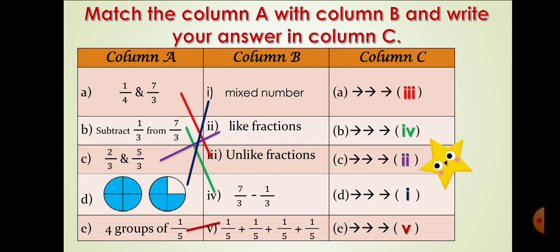Then we're having 2 over 3 and 5 over 3 that are like fractions, with the same denominators, and then a figure having two wholes, where one whole is fully shaded and another whole has 4 equal parts and 3 of them are shaded. That makes me say that this is a mixed number. Groups of 4 groups of 1 over 5 means 1 over 5 multiplied by 4 times. So that means this is the answer.